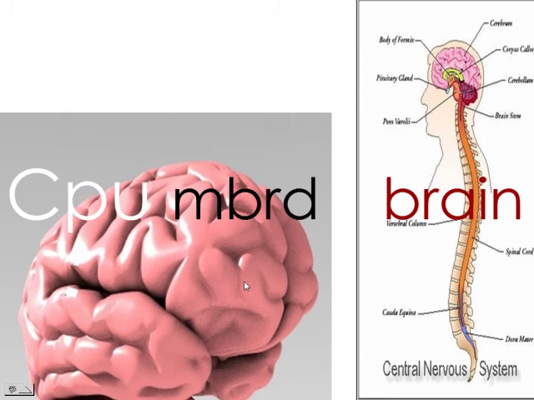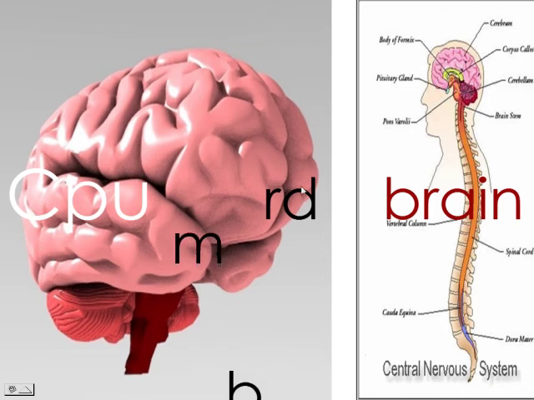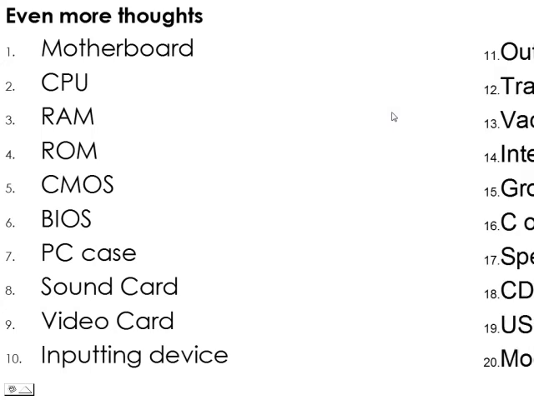Here's another look at the brain. But as you see, it says the CPU equals the motherboard. Yes? The CPU on the motherboard is the brain. The motherboard is the body, isn't it? The brain is on there. Let's move along.